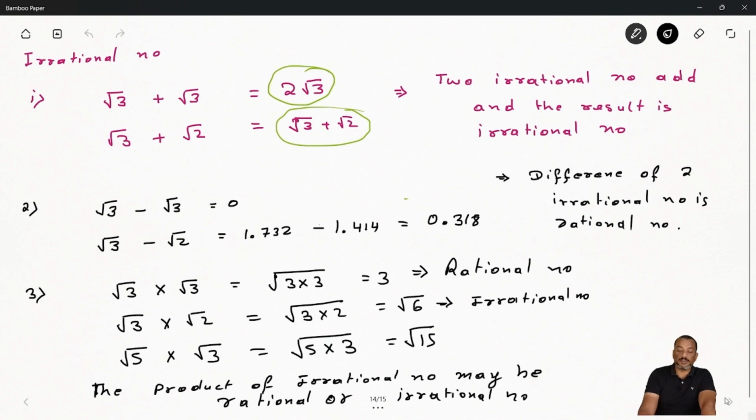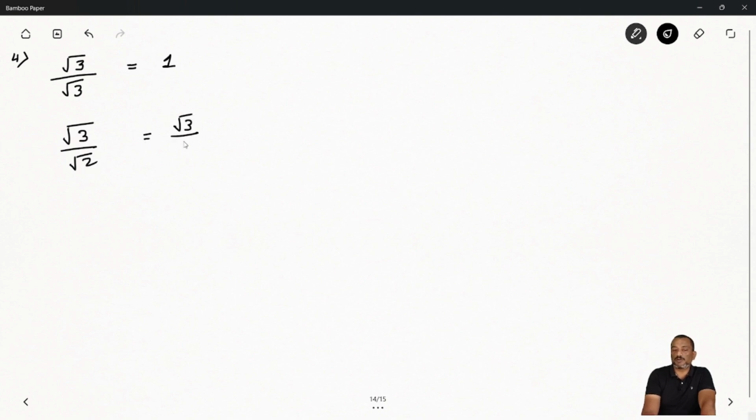Now coming to the next one, the fourth one. Now, division of two irrational numbers. Suppose root 3 is divided by root 3. So we can easily say here 1. Now, if I say root 3 is divided by root 2, in that case you will get root 3 over root 2.